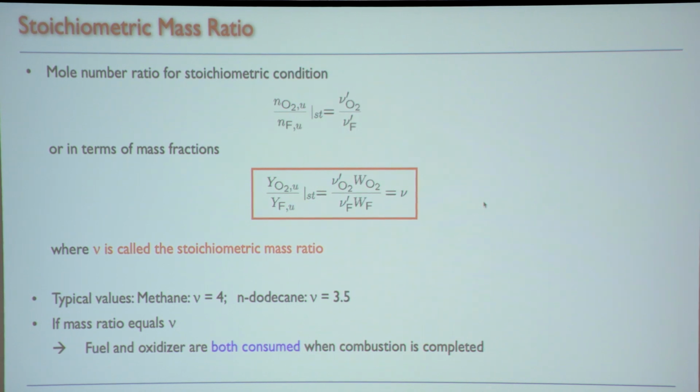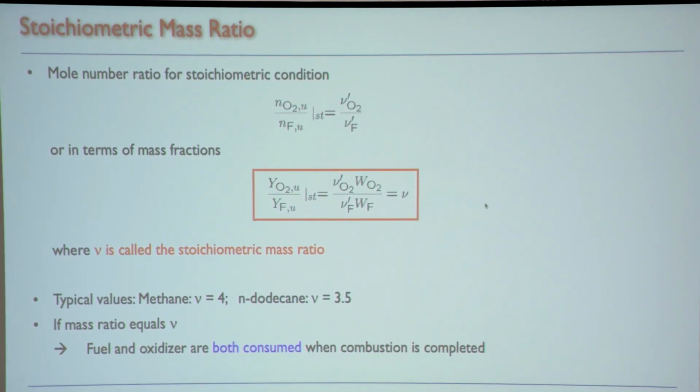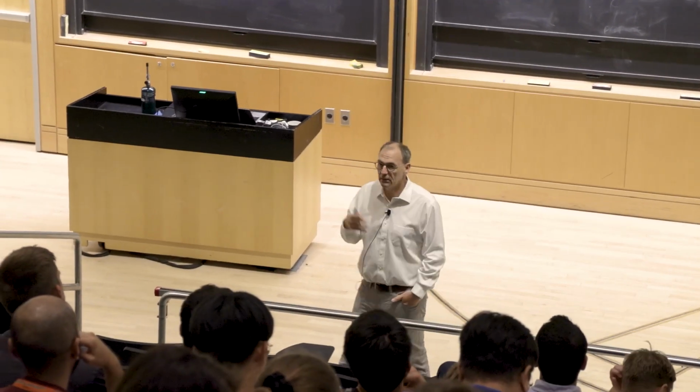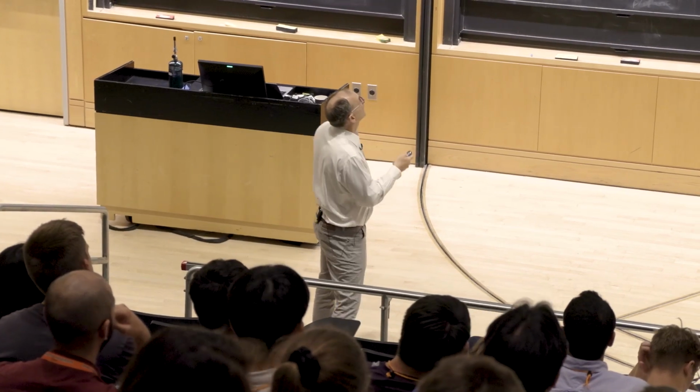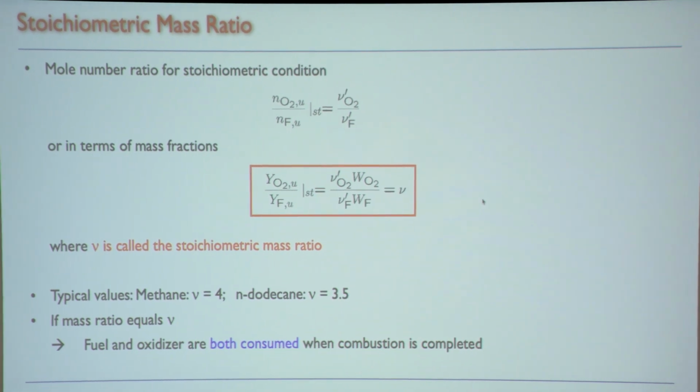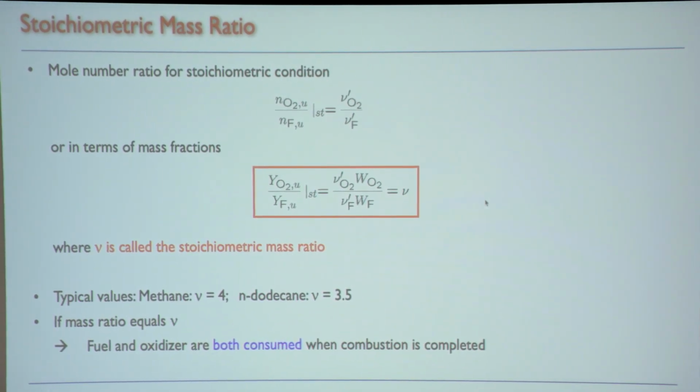Nu just tells you how much oxygen, how much mass of oxygen, I need to burn 1 kilogram of fuel. Typical values we just saw: for hydrogen it was 8, for methane it's 4, for dodecane it's 3.5.